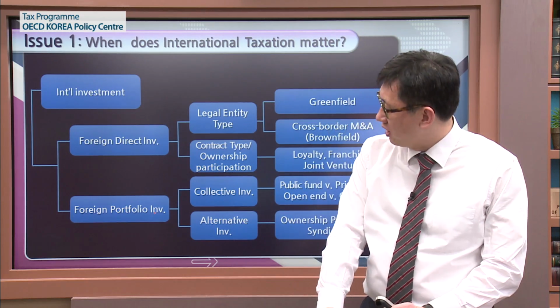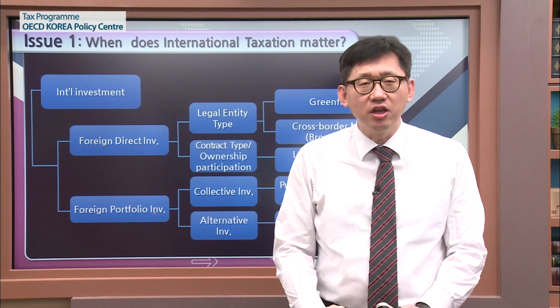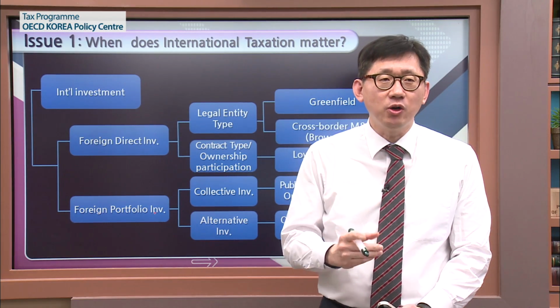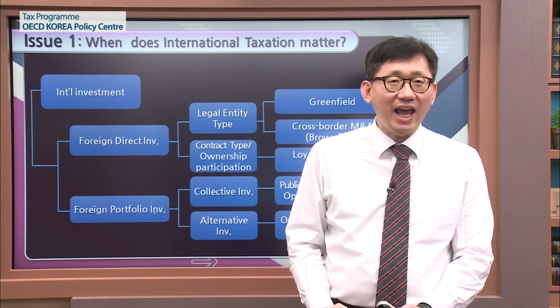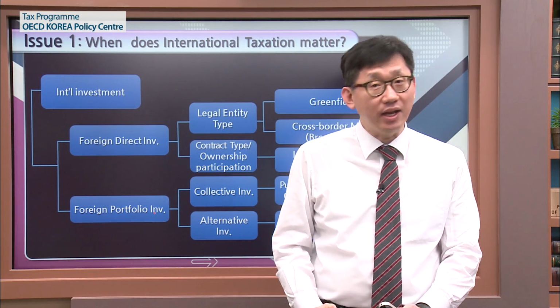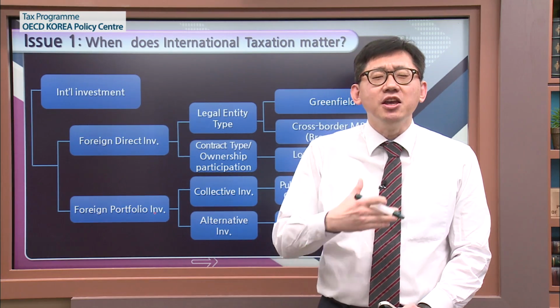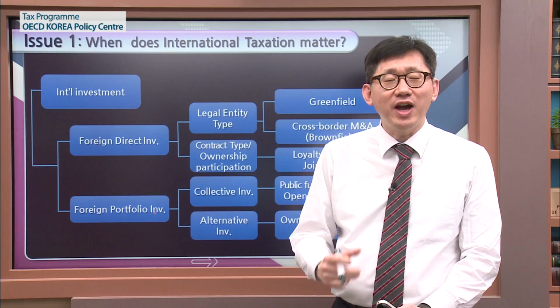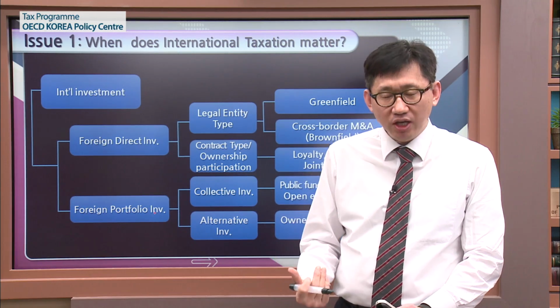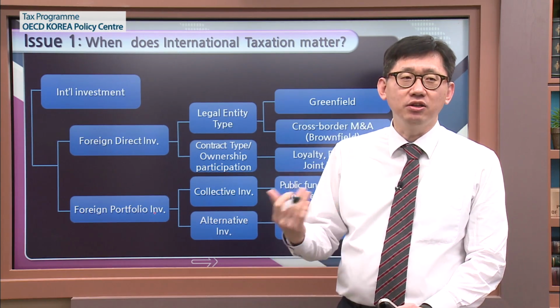But in the case of foreign portfolio investment, the capital owner or investor puts their money aside with an agency, normally a financial institute, and then in place of the capital owner, the financial institute or financial expert operates the capital owner's money in the international market.